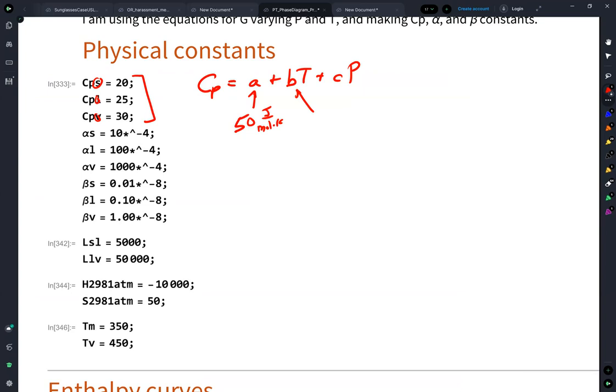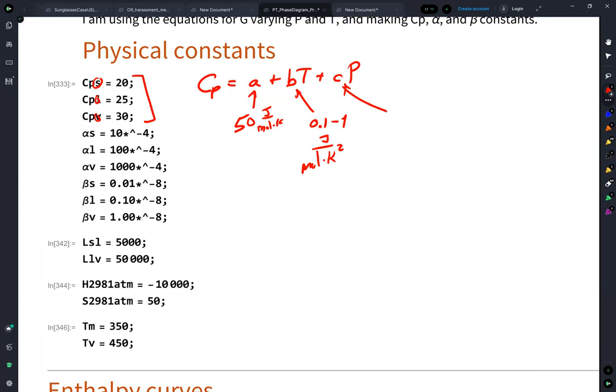B is going to be ranging kind of between 0.1 to 1, and that's going to be, whatever, joule per mole K squared. And C is going to be negative.